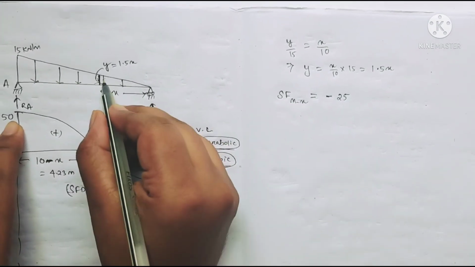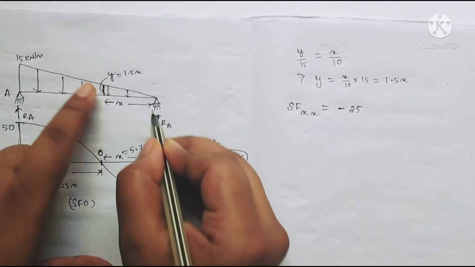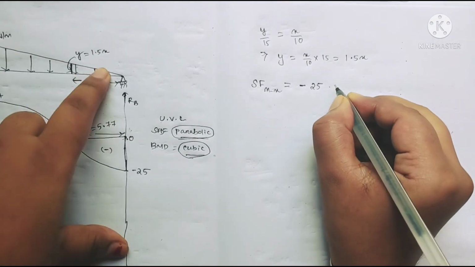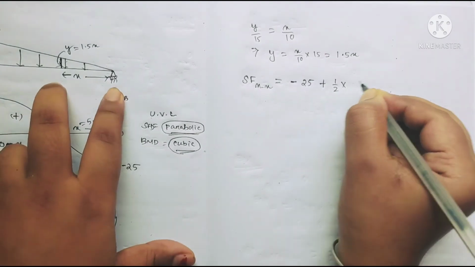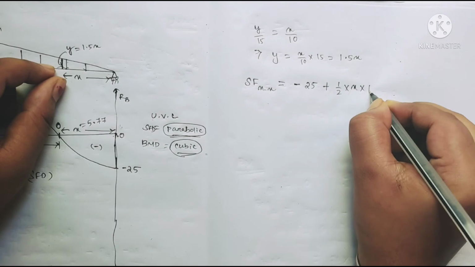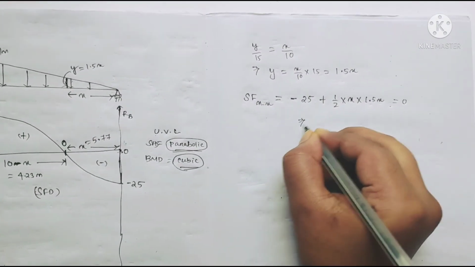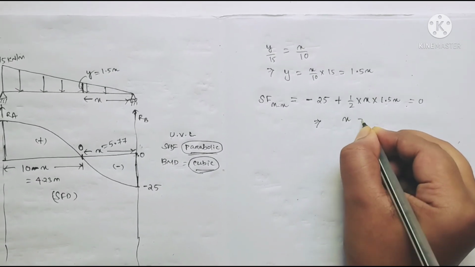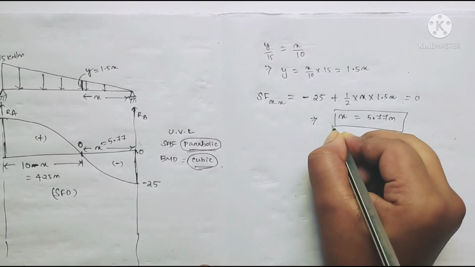Then this intensity of loading gives a clockwise moment, so it will be positive: plus half into base x into height 1.5x, and that equals 0. Here we calculate the value of x, which comes out to be 5.77 meters.